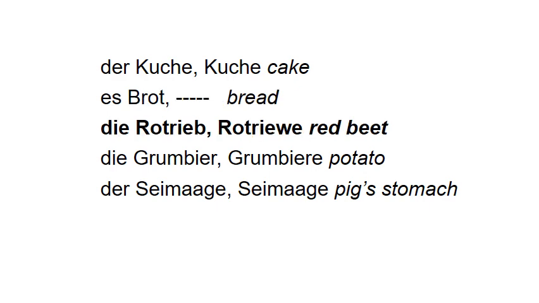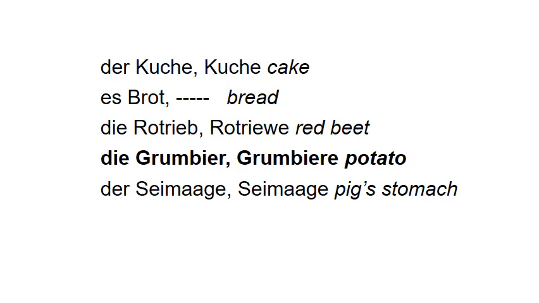What we call in Pennsylvania red beets is die Rotrieb, that's one beet. Rotriebe would be the plural. In other parts of the country, I think they call these things purple beets.